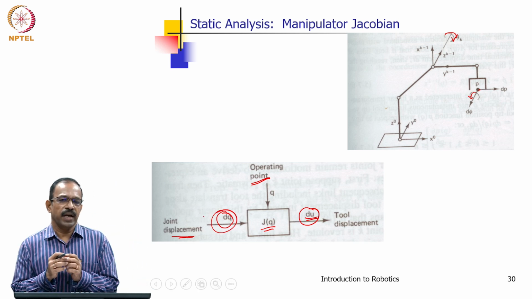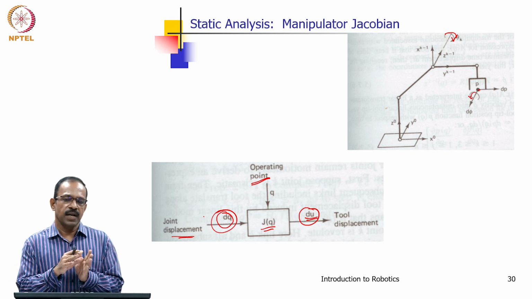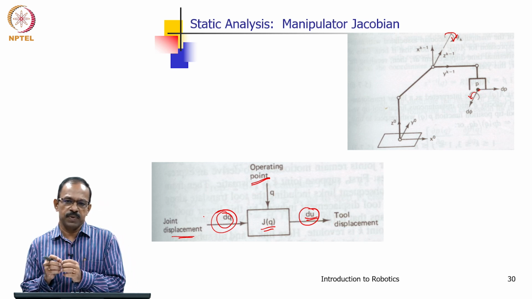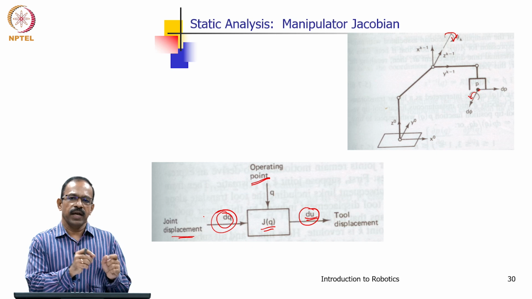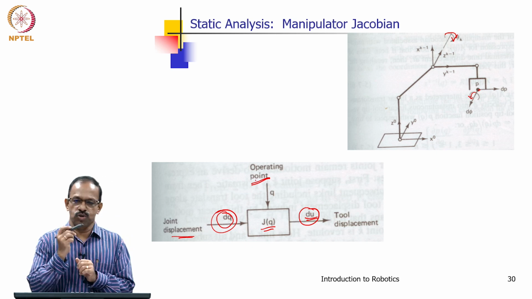That is, an infinitesimal displacement at the joint leads to an infinitesimal displacement at the tool tip, or any infinitesimal displacement at the tool tip leads to an infinitesimal displacement at the joint.